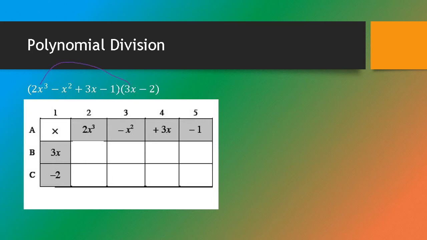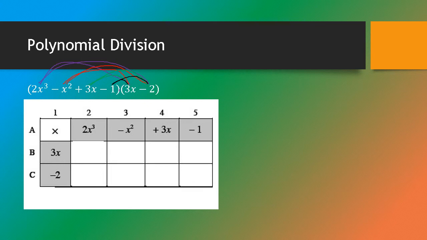So you would multiply the first one with the first one, and the first one with the second one, and then you would multiply the second one here with that one, and so on, until you had all the terms in the first polynomial multiplied by all of the terms in the second polynomial. Okay, and you would get 4 times 2, you would get 8 terms, and then you would combine like terms.